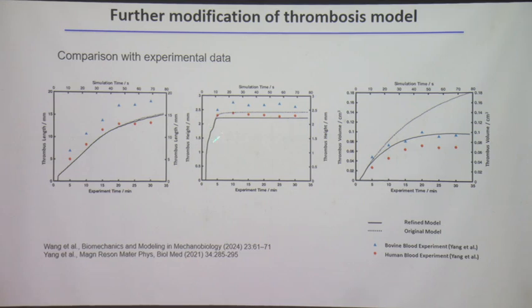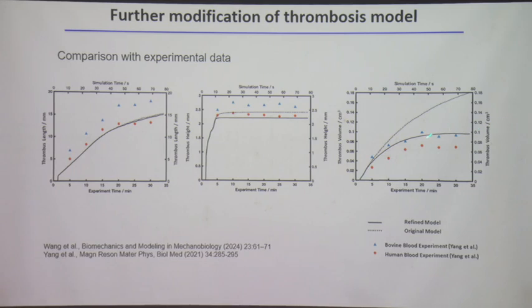This is the height of the thrombus. So this solid line is the prediction from the modified model. And this line is the prediction from the previous model. And again, one is slightly above, one is slightly below. So they're reasonably close. But if you look at the volume of the thrombus, that's where the difference comes.